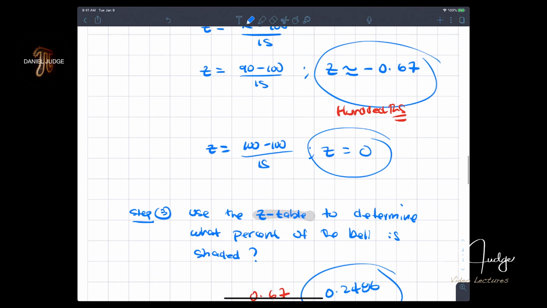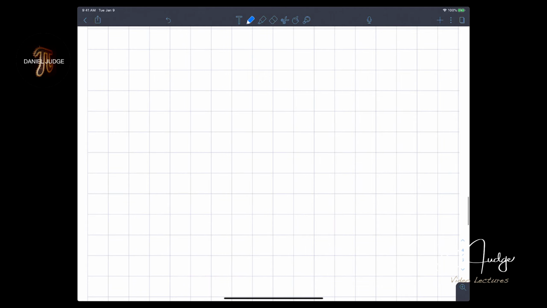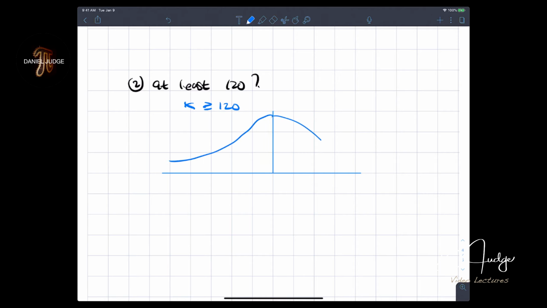So, if I go all the way down here, let's skip all this stuff. At least 120. Question 2. X greater than or equal to 120. Draw a picture of the question. 100's here.